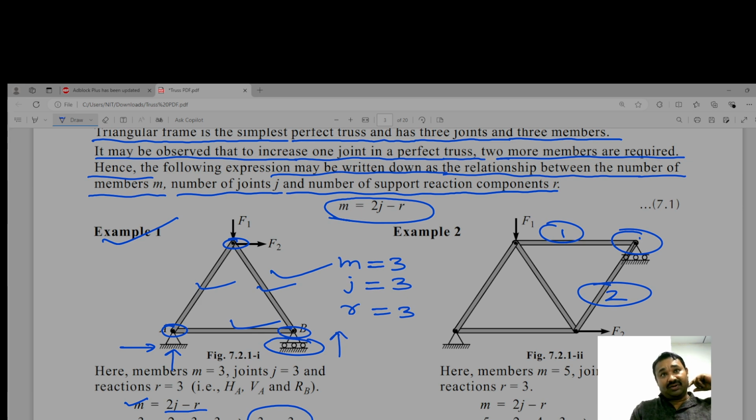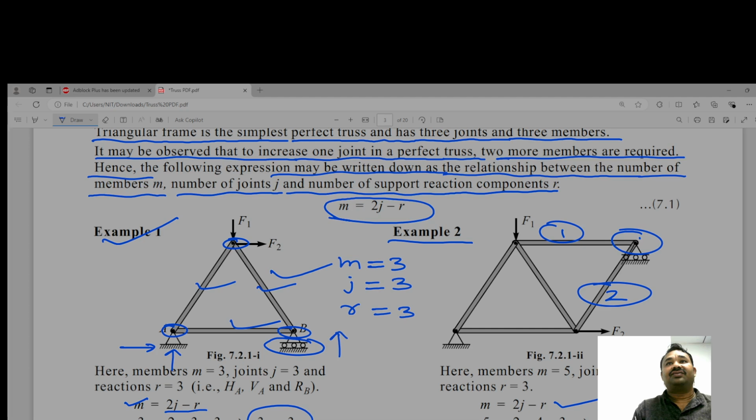What about example 2? In the same way, let us satisfy this relationship. How many members are there?